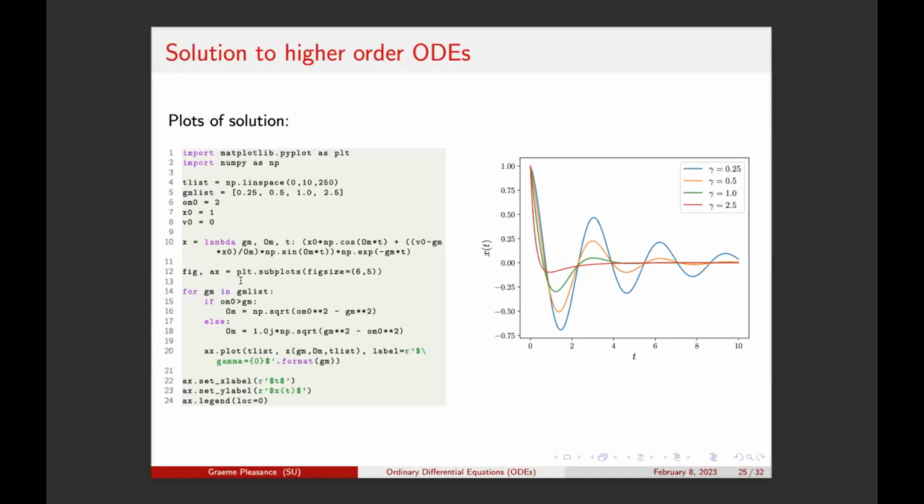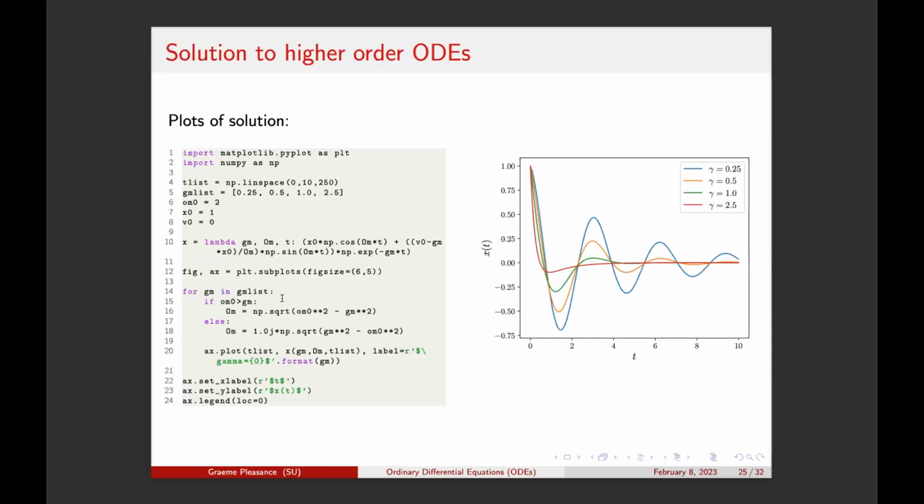Then we introduce a for loop, which for each of the values of gamma contained in this list, plots the solution. What you should also be aware of is that in this case, we have to be careful when we consider values of gamma in which omega naught becomes pure imaginary. This is due to the fact that in Python, if you do np dot square root of a negative number, it will generally return a nan value.